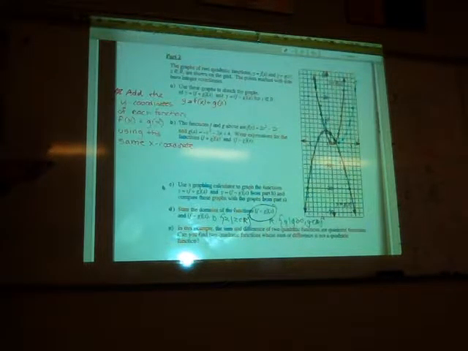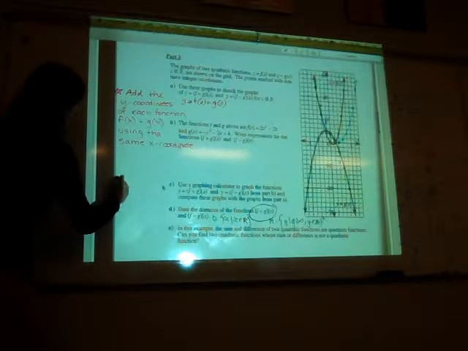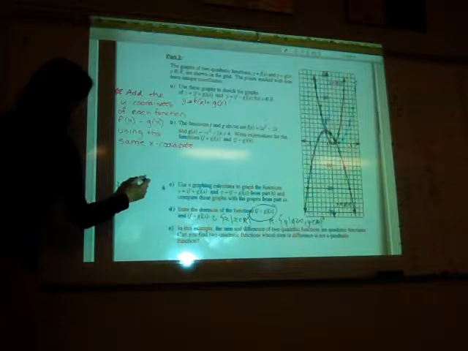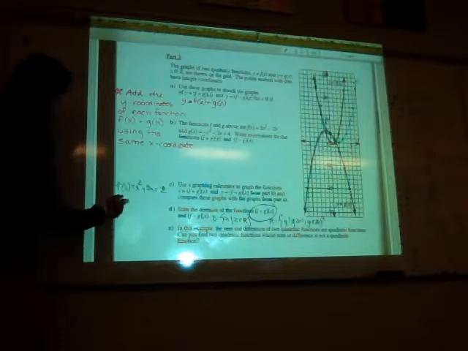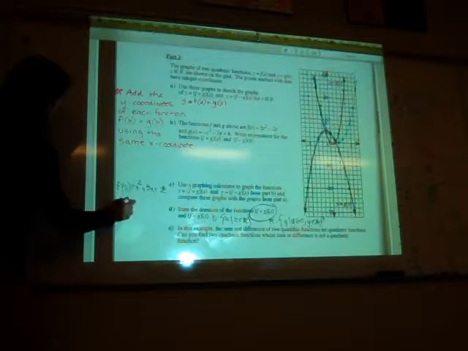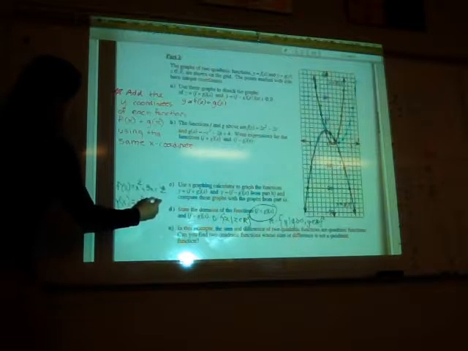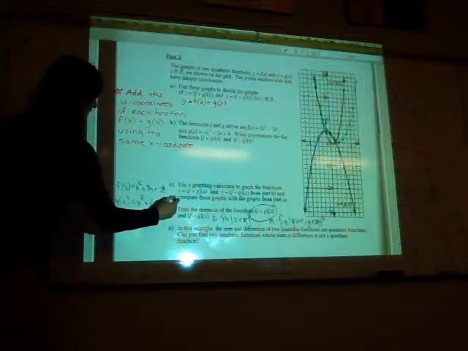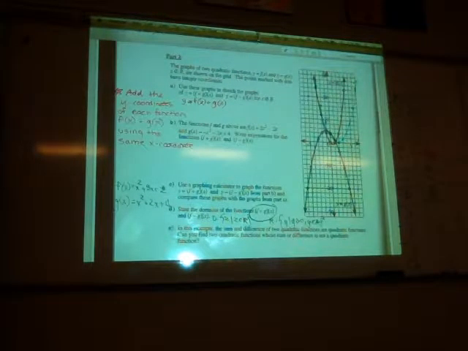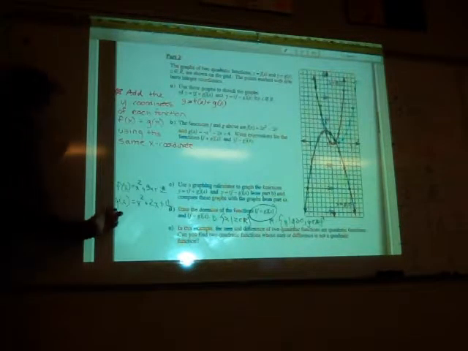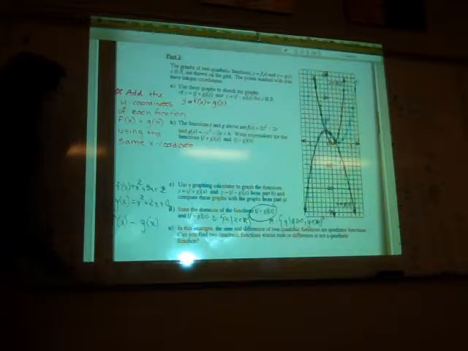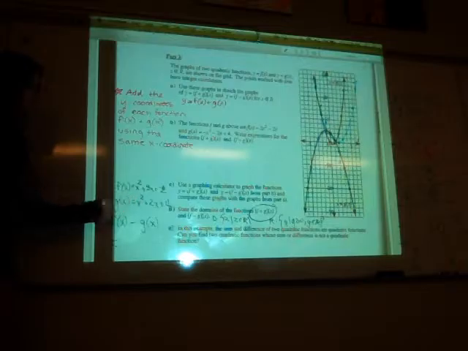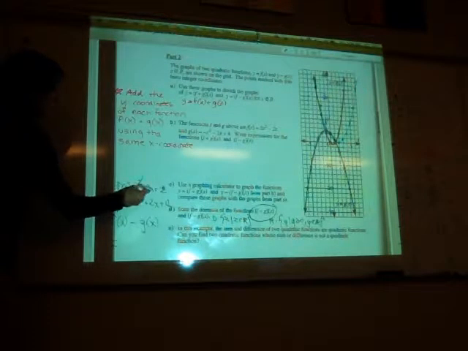It's a tough question, so I'll just go through an example here. Let's say we had f of x equals x squared plus 3x plus 2, and g of x equals x squared plus 2x plus 4. Okay? If I were to subtract f of x minus g of x, what's going to happen to the x squares? Cancel out. Okay?